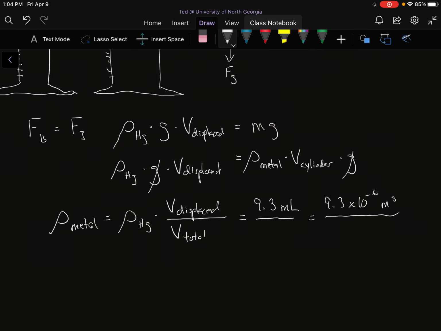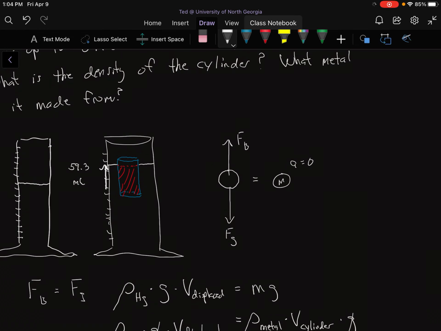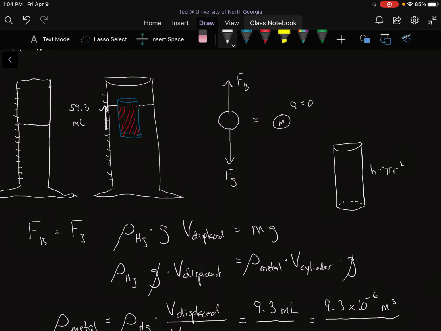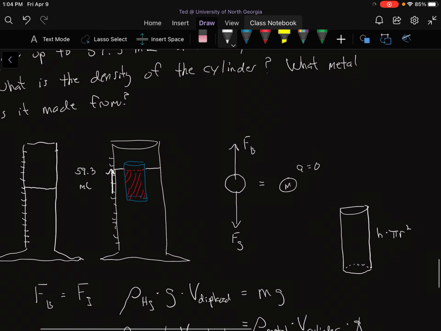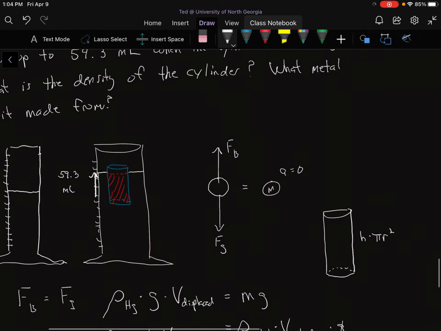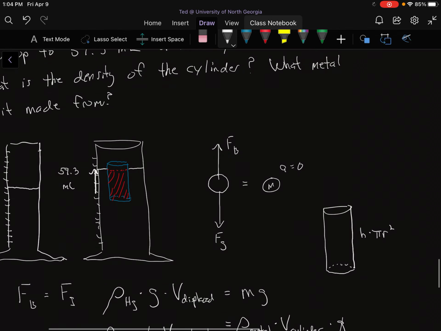Okay, and what about the volume of the cylinder? Well, we didn't get the volume of the cylinder. We got its height and its diameter. But the volume of a cylinder is equal to the height times pi r squared, the area of the base. So that's going to be the height, 5 centimeters, times pi times the radius. We were told the diameter is 2 centimeters, so the radius is 1 centimeter.